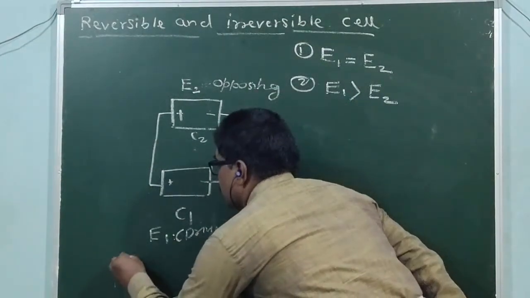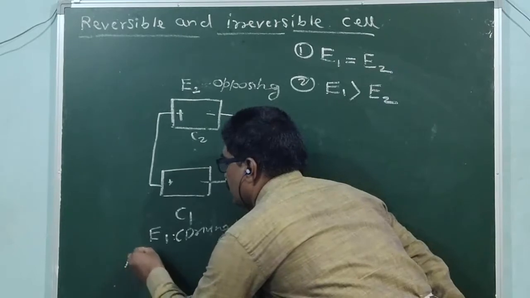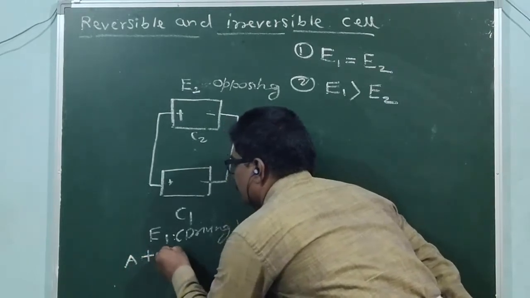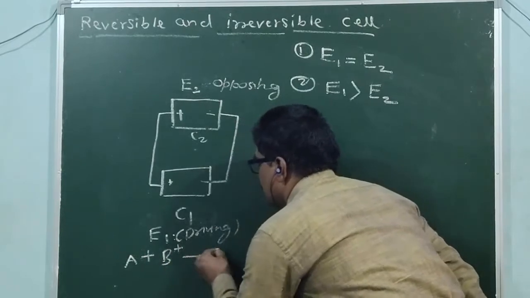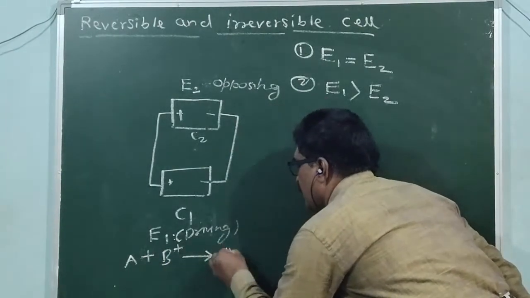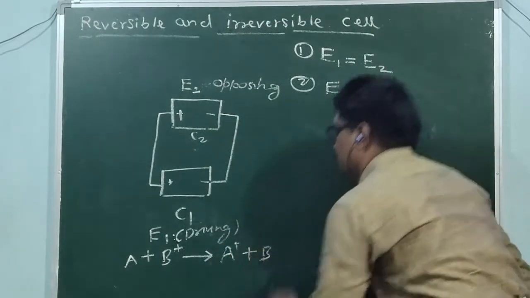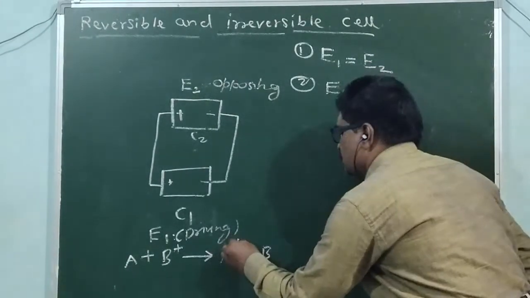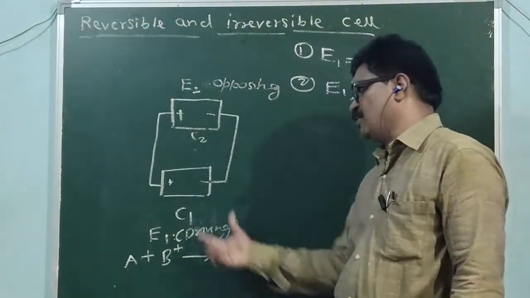Normally, suppose there is a cell reaction for C1, A plus B gives A plus B. And it's a cell reaction. Suppose this is a simple redox reaction which occurred in this cell.